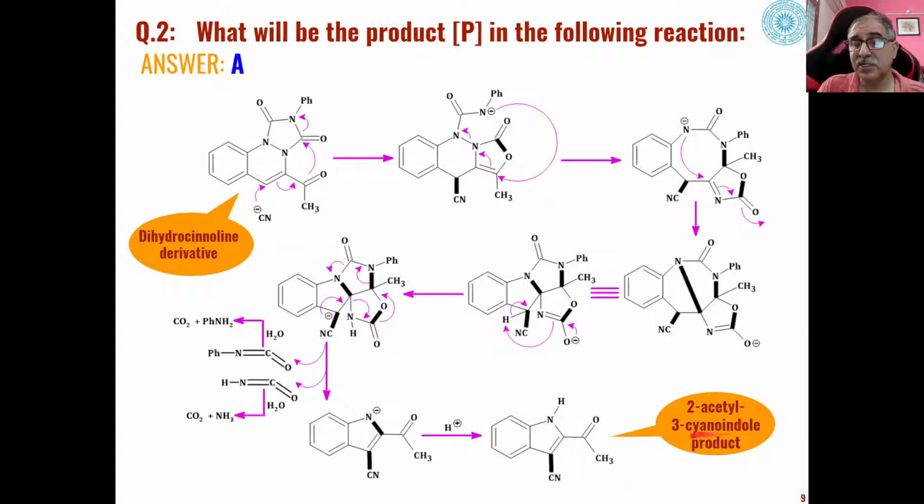So 2-acetyl, 3-cyano indole derivatives will be formed as the product, which is choice A in our second problem.